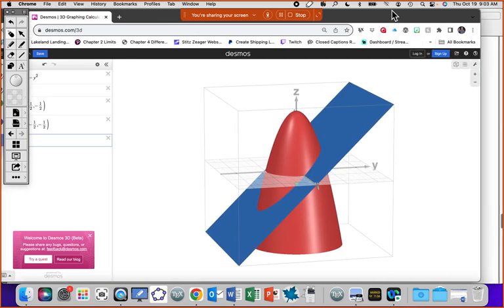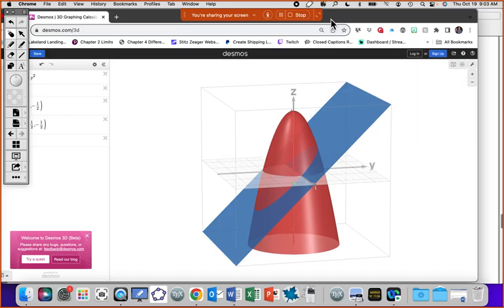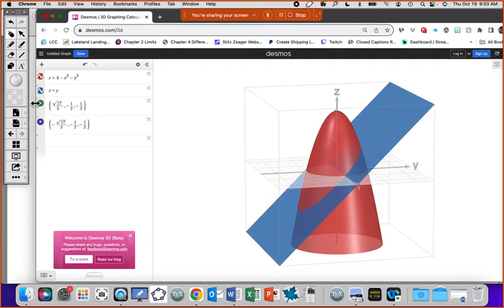I think I can, let's see, can make these surfaces translucent. All right, that works. I guess that's a little better. Let's make these points. I guess green's okay. Boom. Okay, there it is.